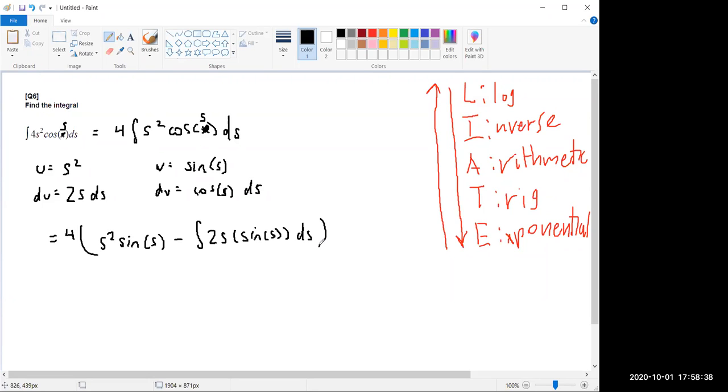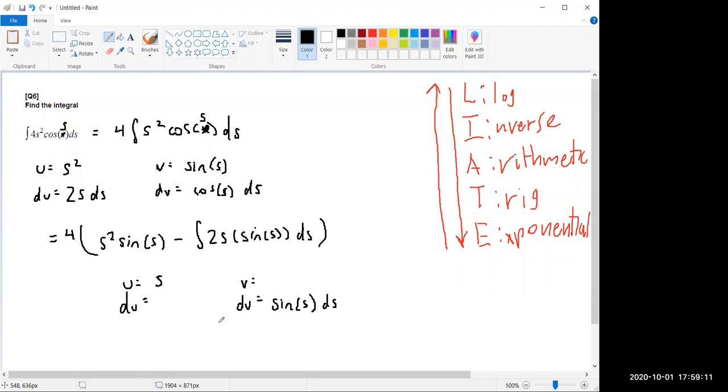And then we do it again to get rid of the s. Let me just write down these substitutions again. u is s, and then dv is sine of s ds.